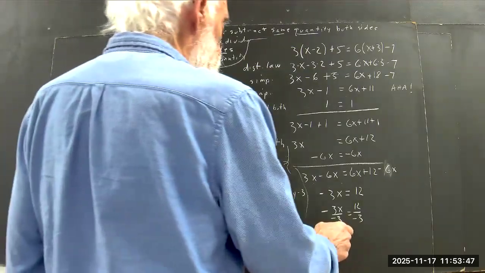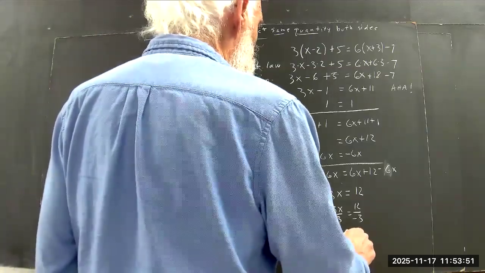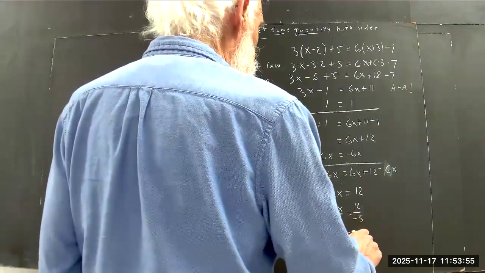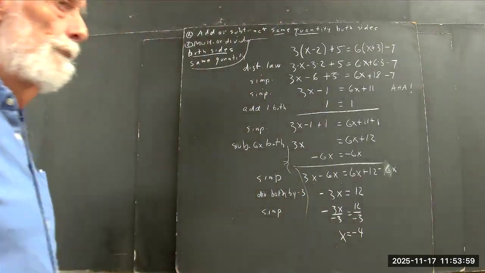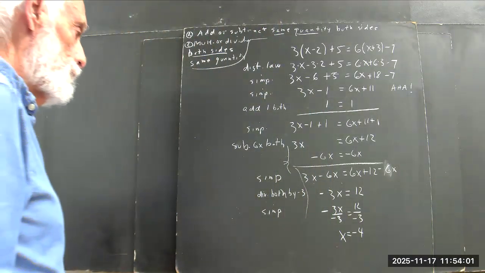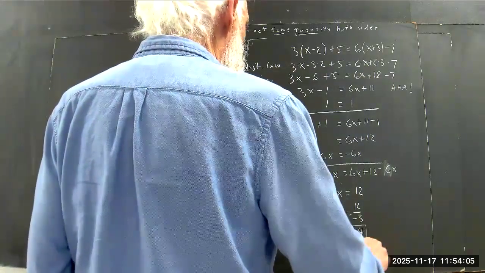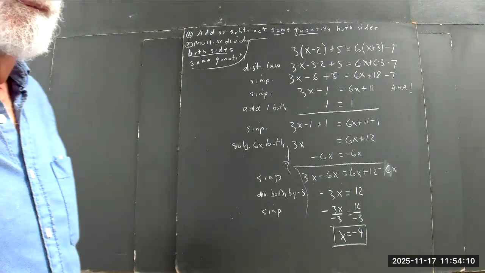Simplify that. Negative 3 divided by negative 3 gives you x. 12 divided by 3 is 4. And since you're dividing a positive by a negative, you get a negative 4. There's our solution.